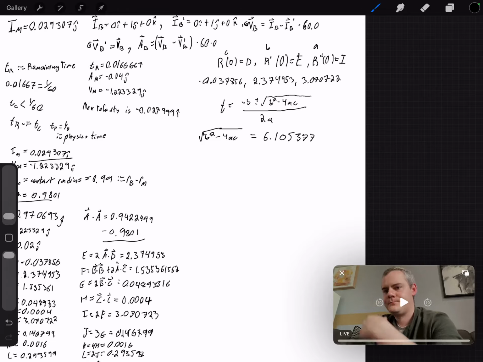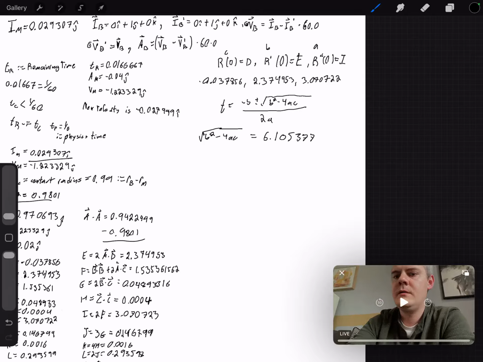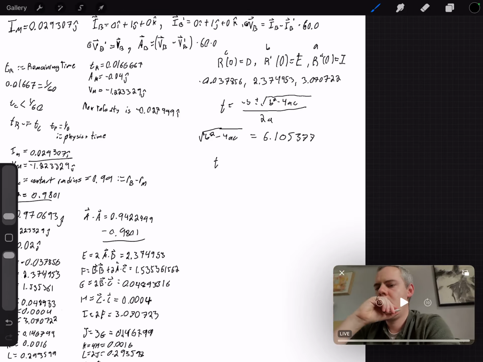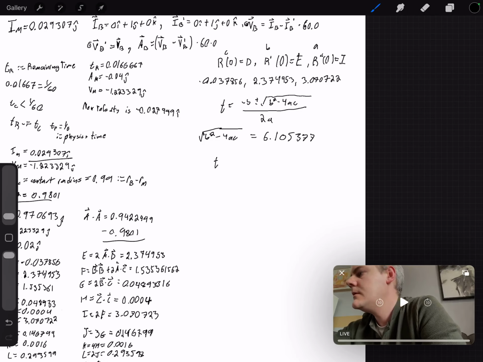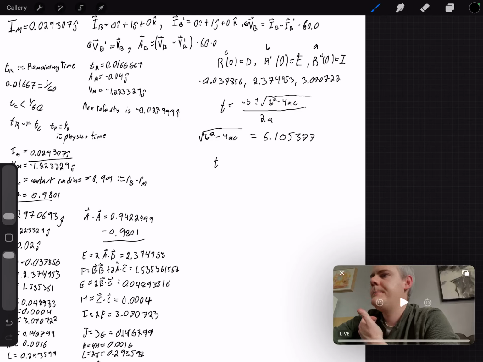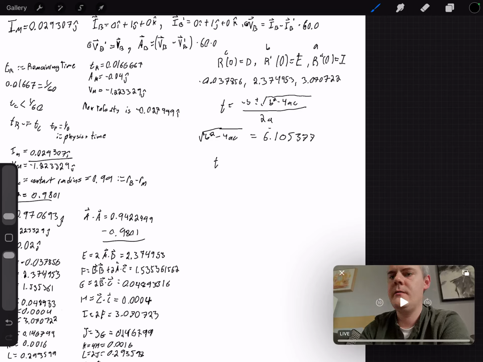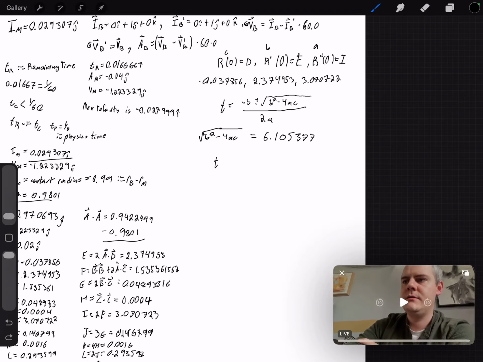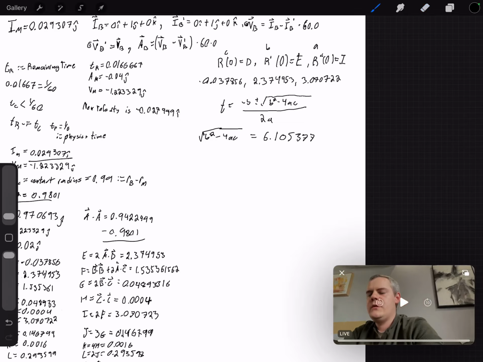I say last t is equal to t. Sure, why not? And then a couple things. This might be 0. Yeah, that's probably more interesting to look at, what if it wasn't?